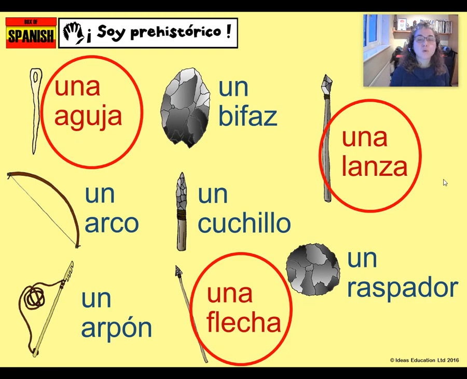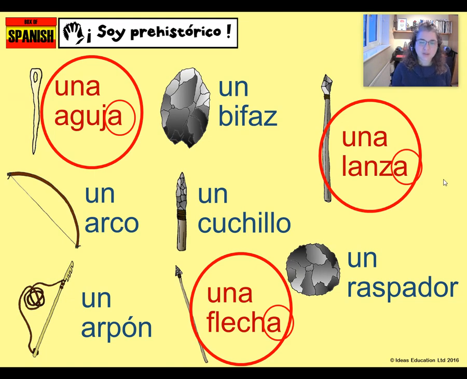Yes, they all have una in front, and una means a or an, and can mean the number one as well. Can you spot anything else that these three words have in common? Yes, they all end in a. We have aguja, lanza, and flecha. So the red words all have una before them and they all end in a.